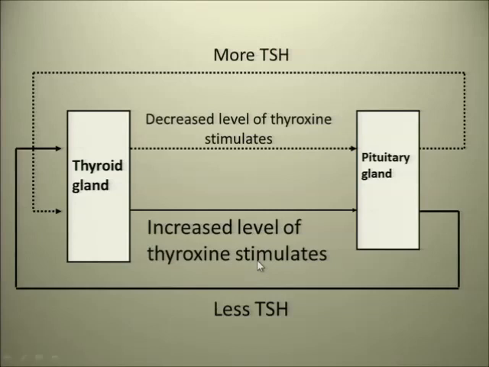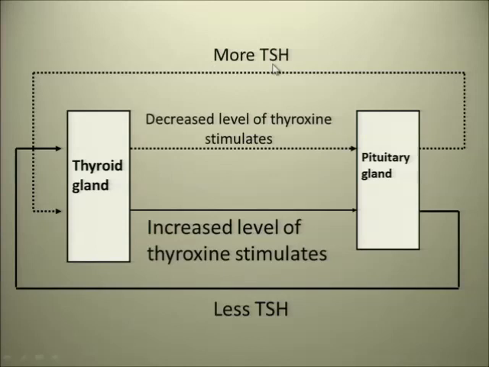But maybe you think, all right Cecilia, you are talking in circles, but if we look at the question, you will see that. What you must remember is that the pituitary gland secretes TSH, thyroid stimulating hormone, and it stimulates the thyroid gland to secrete thyroxine.